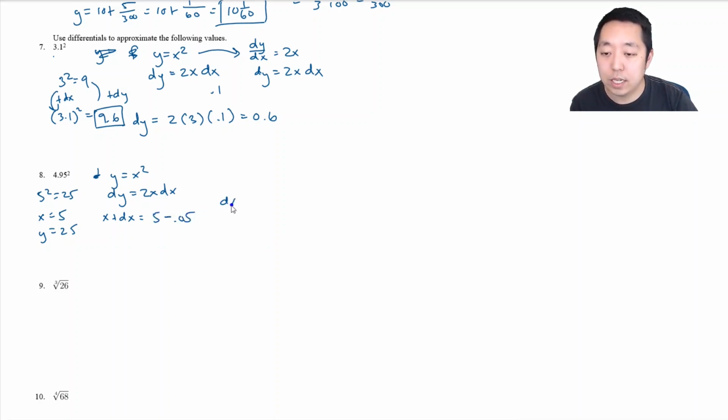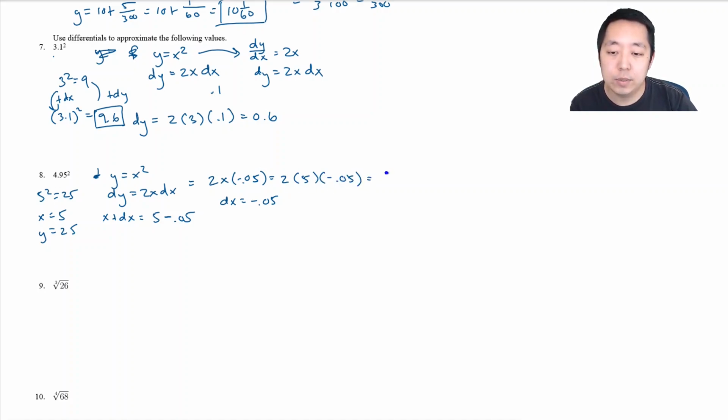Right? So my dx is equal to negative 0.05. Because that's the change from 5. From 5, my change is to go to 4.95. That's to subtract 0.05. This equation will tell me what my dy is. It's 2x times negative 0.05, which is 2 times 5 times negative 0.05.